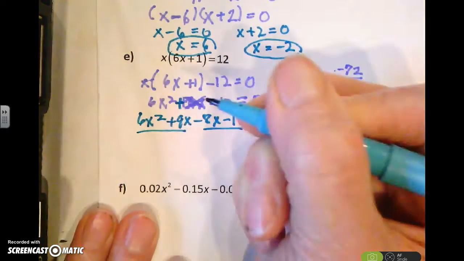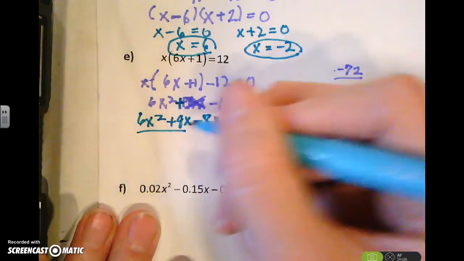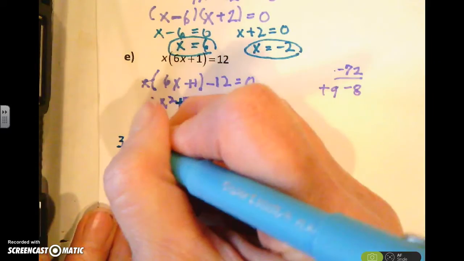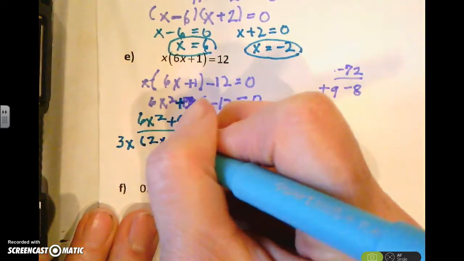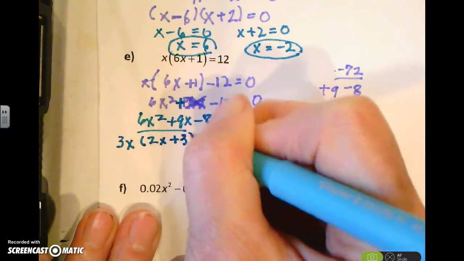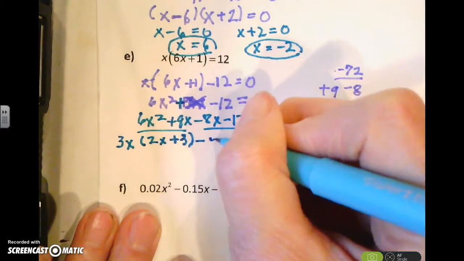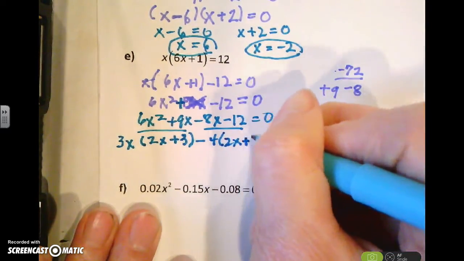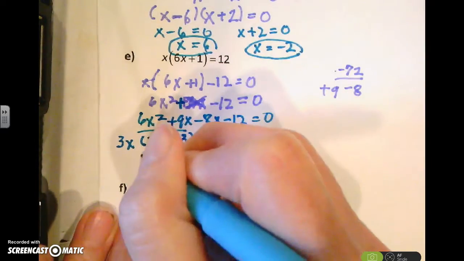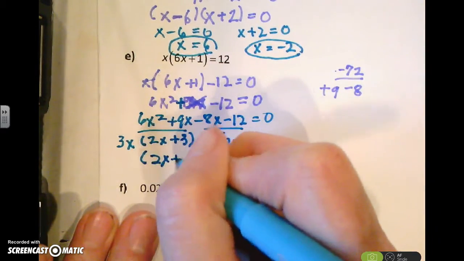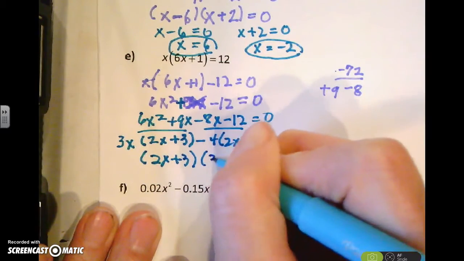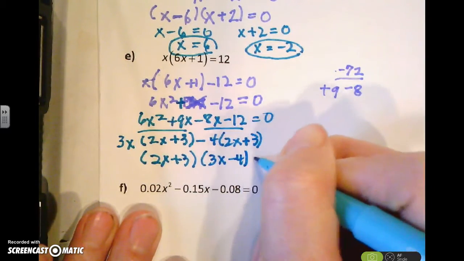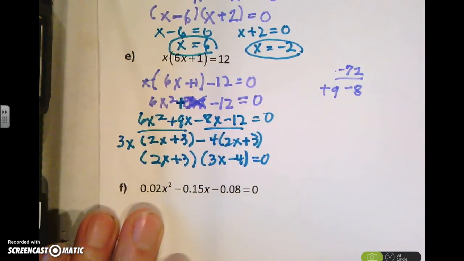Group. So that's a 3x times 2x plus 3 minus 4 times 2x plus 3. So that's then going to finish up with 2x plus 3 times 3x minus 4 is equal to 0.